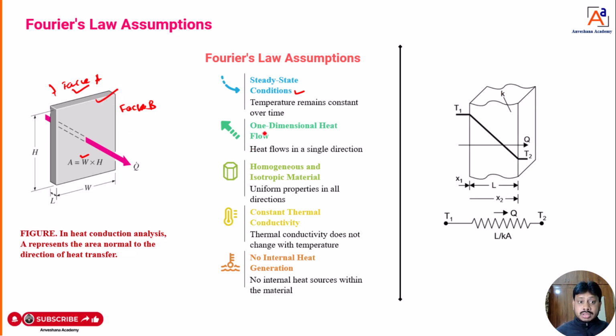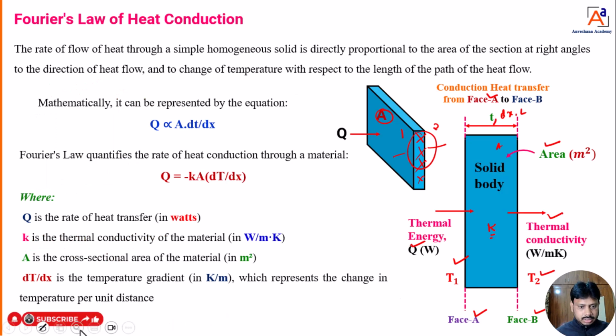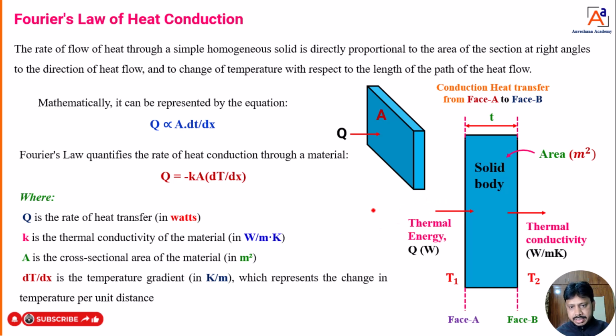And the second assumption is one dimensional heat flow. Dear students, when you are transferring heat in this direction, heat is moving from left to right. That means in only one direction, the x direction. So you can draw coordinates: this is x, this is y and this is z. When heat is transferring in a metal, there can be three directions.